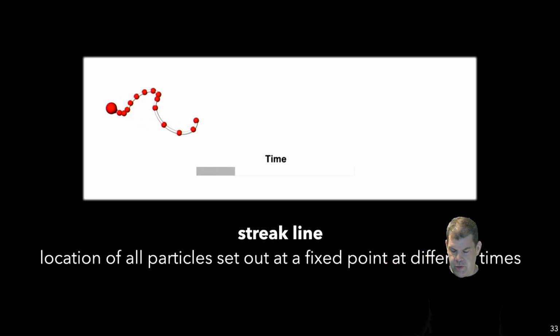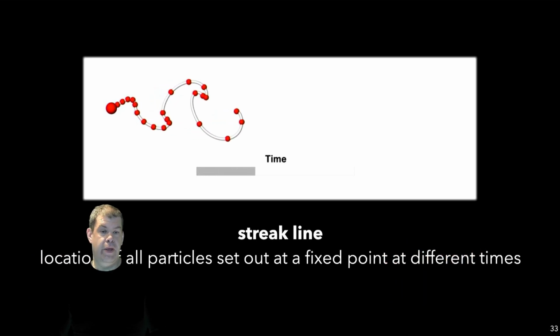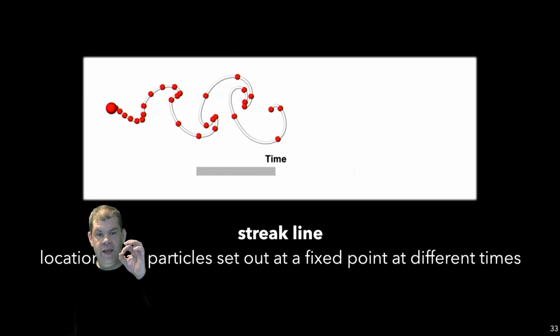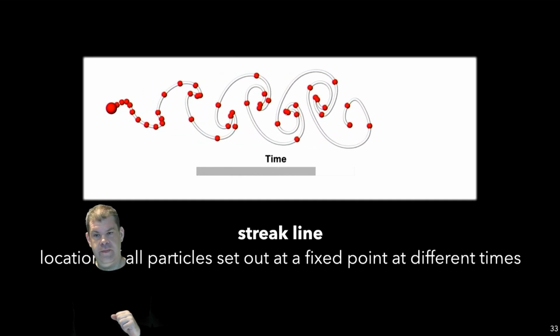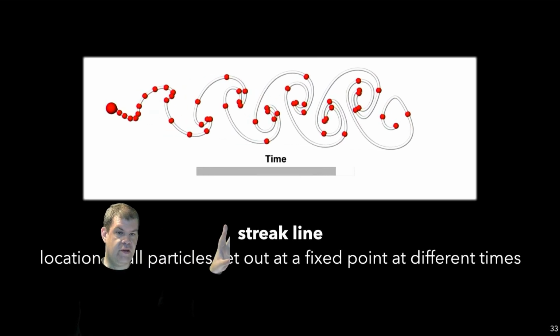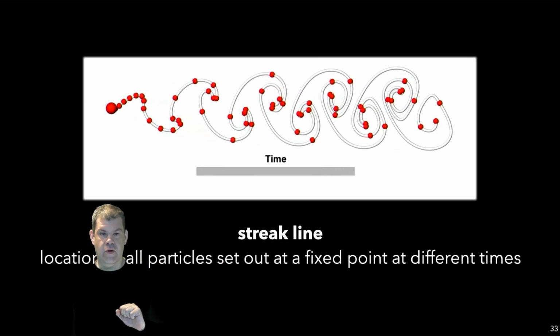So I pick one point here on the left, the big red dot, and then I constantly insert particles. Okay, and those particles get advected through the flow. And then what I do is I connect those particles with a line. So in the previous images, it was one particle drawing a line, and here it's now a line in between particles that are released over time.